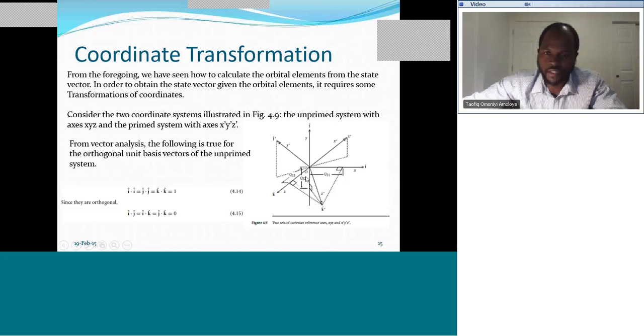The unit vectors of the unprimed axes x, y, z are I kappa, j kappa, k kappa, and those for the primed system are I prime kappa, j prime kappa, and k prime kappa.